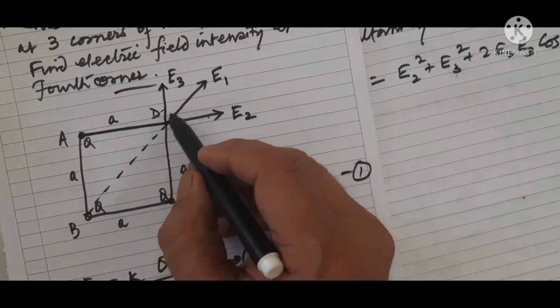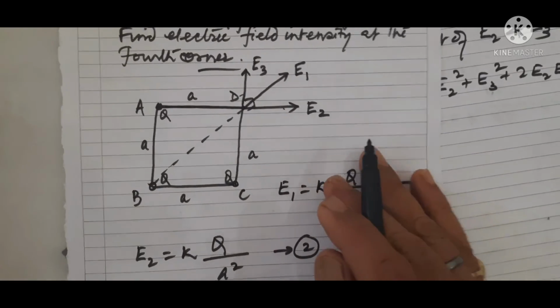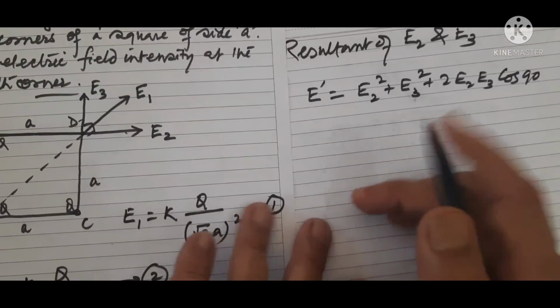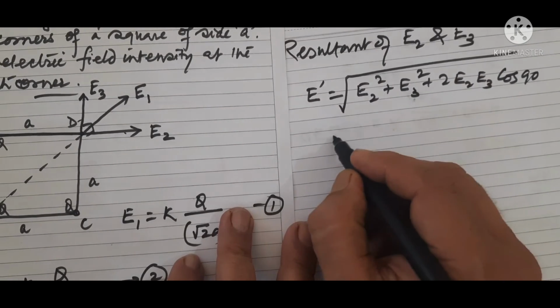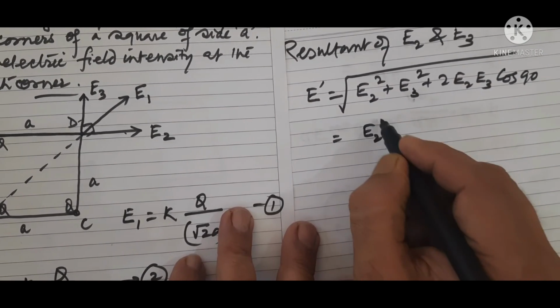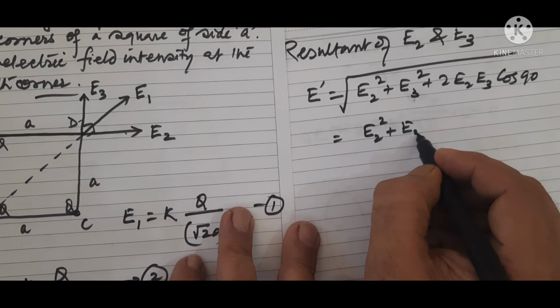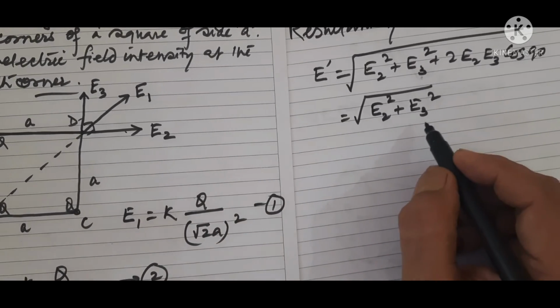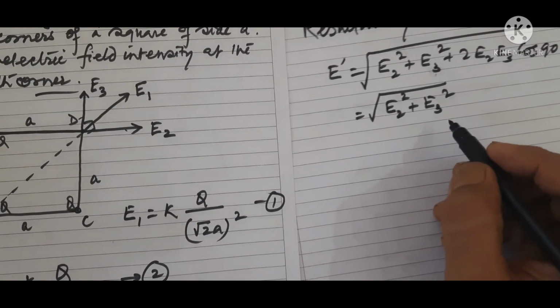The angle between E2 and E3 is 90 degrees. So cos 90 is 0, and E dash is the square root of E2 square plus E3 square. Now put the value and get it.